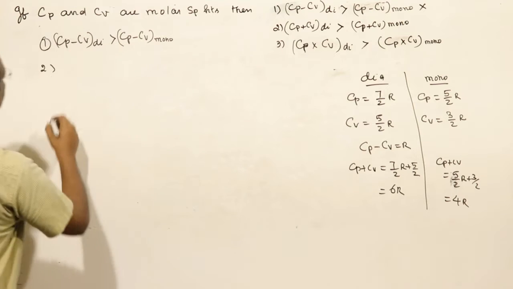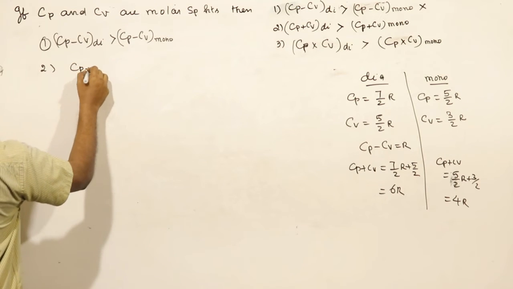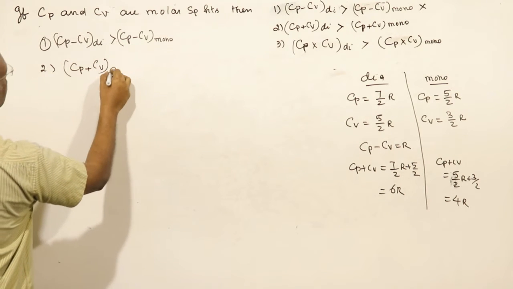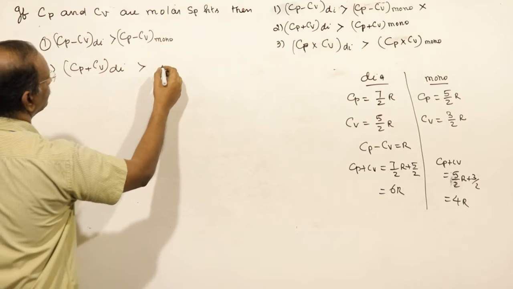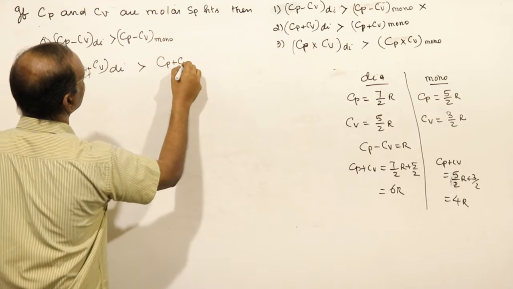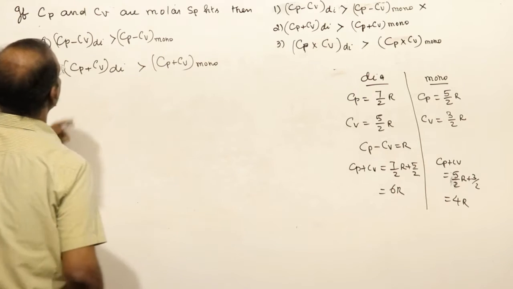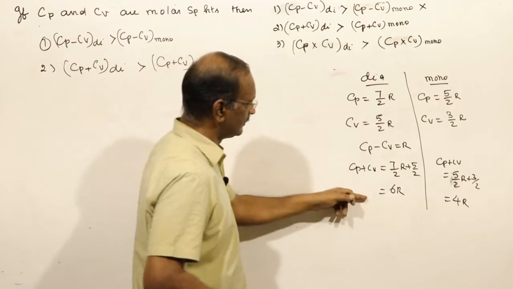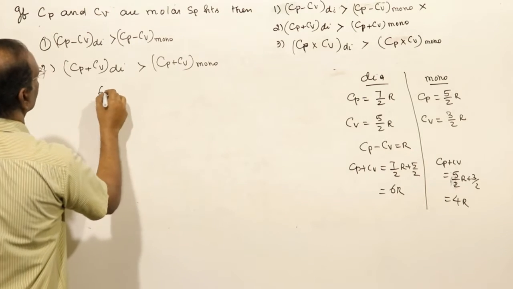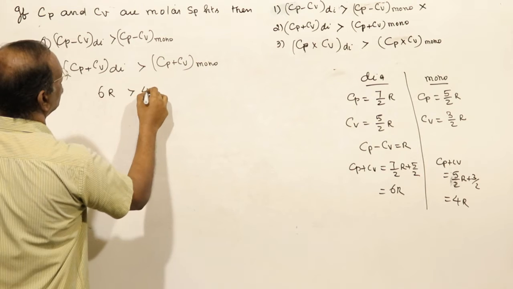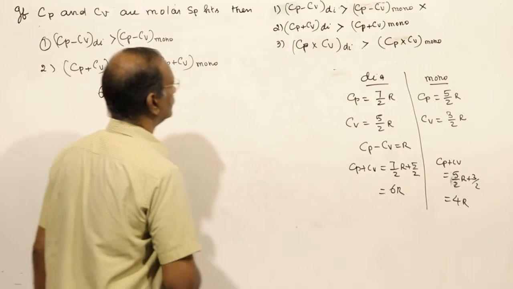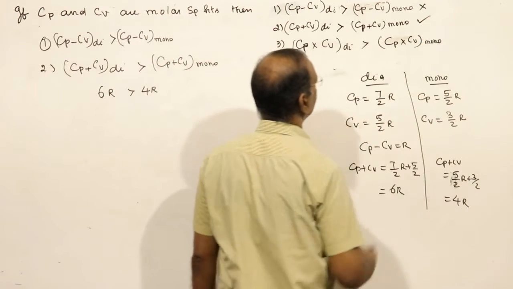What is given? Cp plus Cv of diatomic is greater than Cp plus Cv of monoatomic. So Cp plus Cv for diatomic is equal to 6R. It is greater than 4R. So it is right. This is correct.